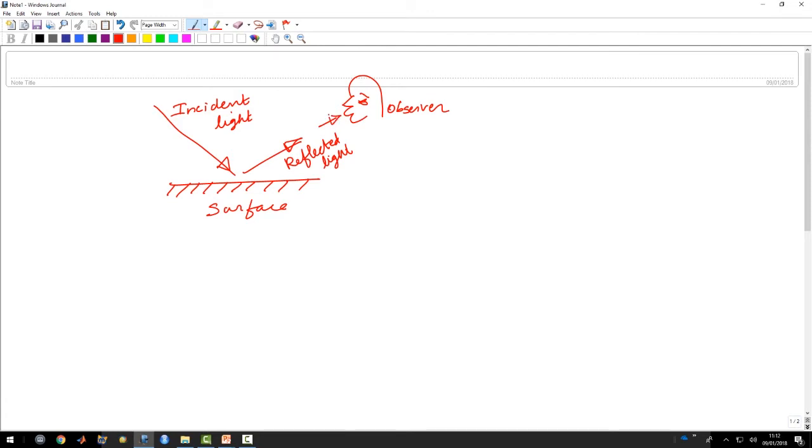So the light itself has physical properties. If you look at the physical dimensions of light: frequency, amplitude, purity.